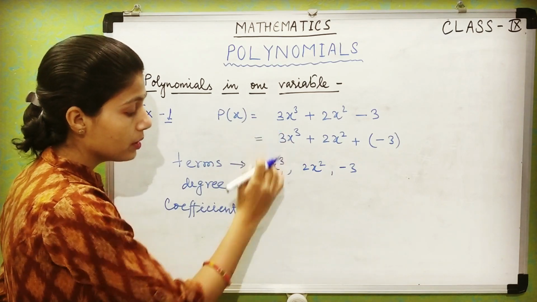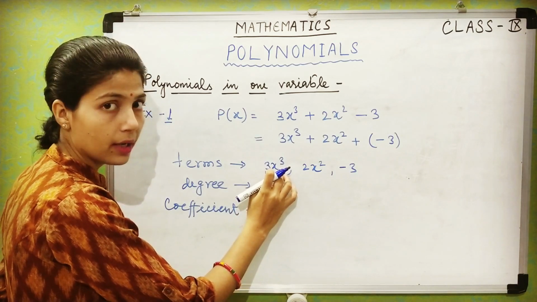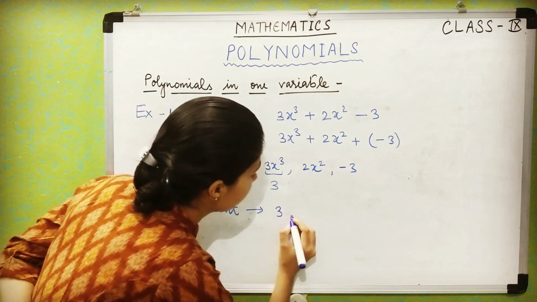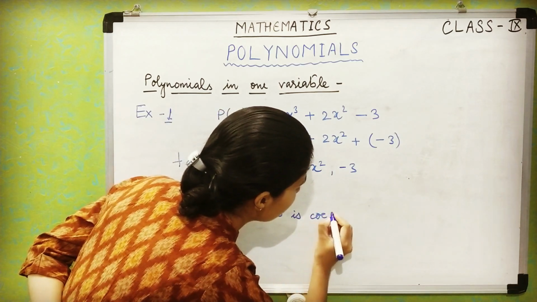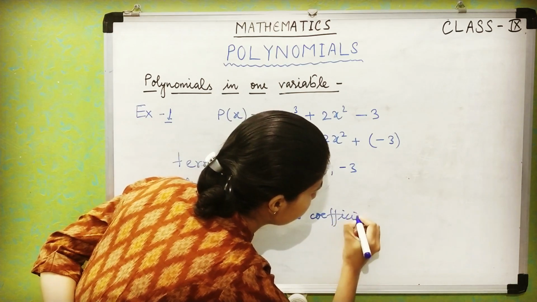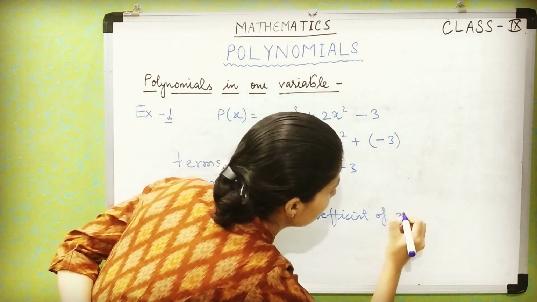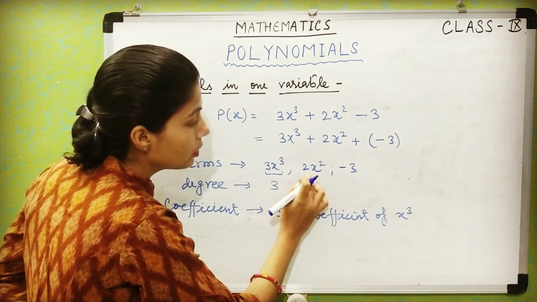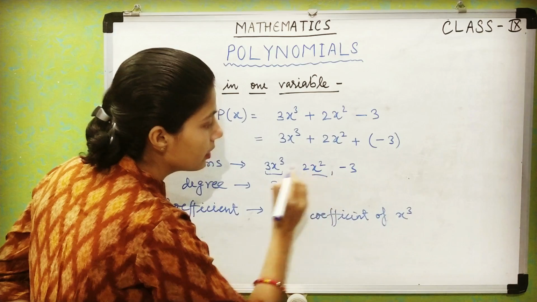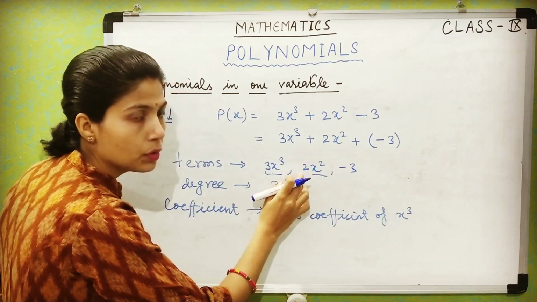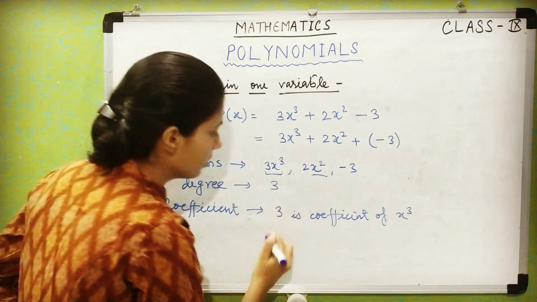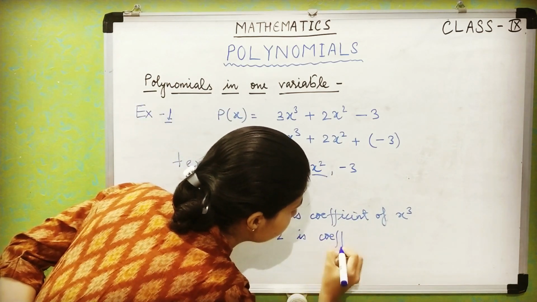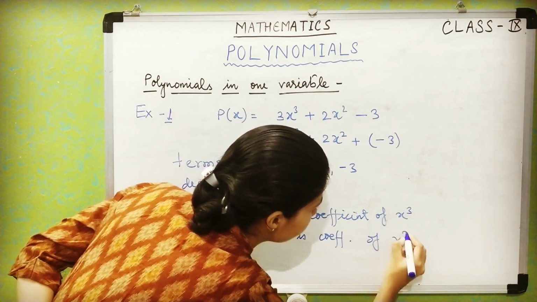So the coefficient of x cube will be 3. You will write it as: 3 is the coefficient of x cube. Now the second term is 2x square, so the variable is x square, the constant is 2, so you will write: 2 is the coefficient of x square.